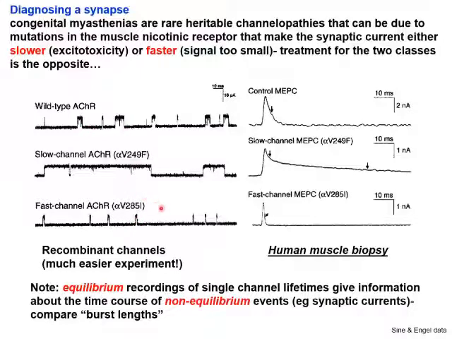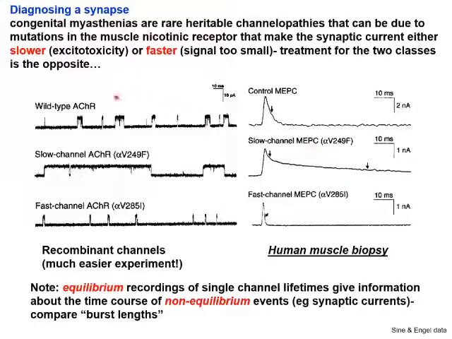Now, this is kind of interesting because this is an equilibrium recording. This here, the synaptic current, is a non-equilibrium event. It's a situation in which at the synapse you go from zero transmitter to millimolar concentration in microseconds, and then this concentration lasts maybe half a millisecond for acetylcholine.